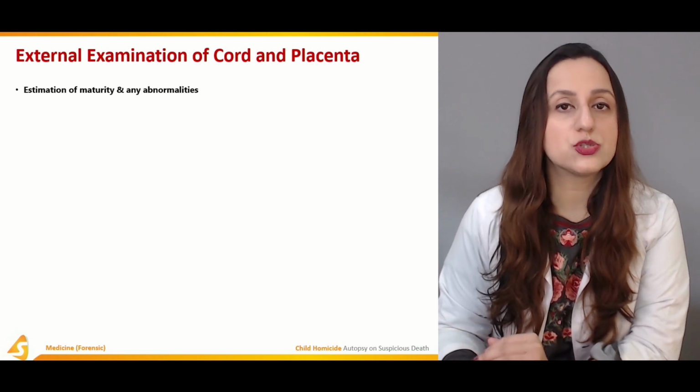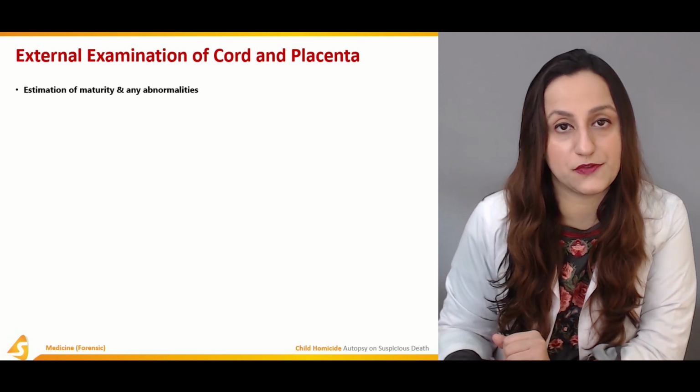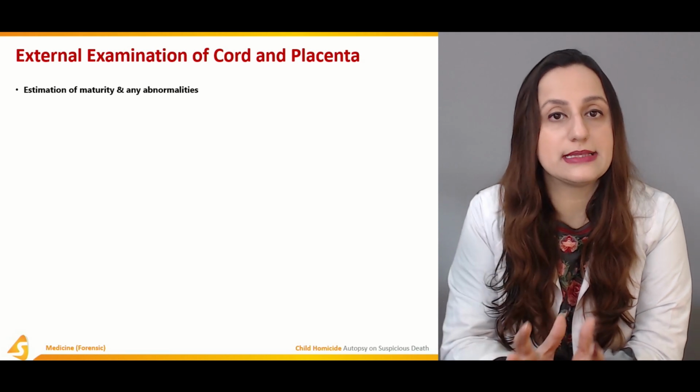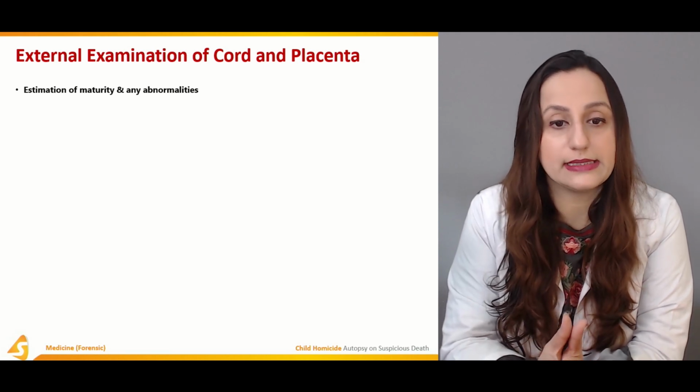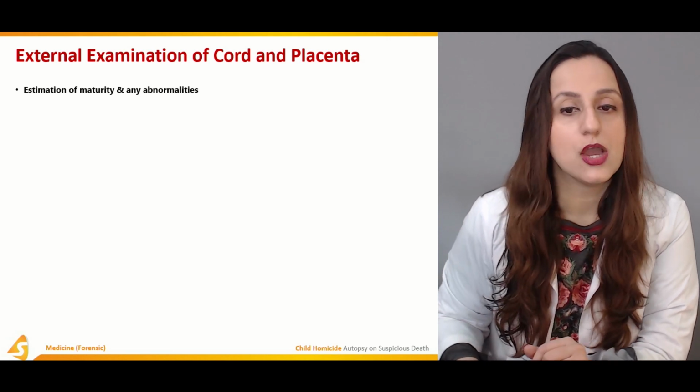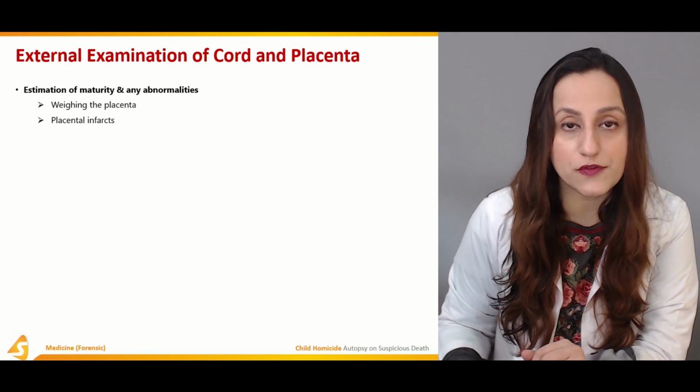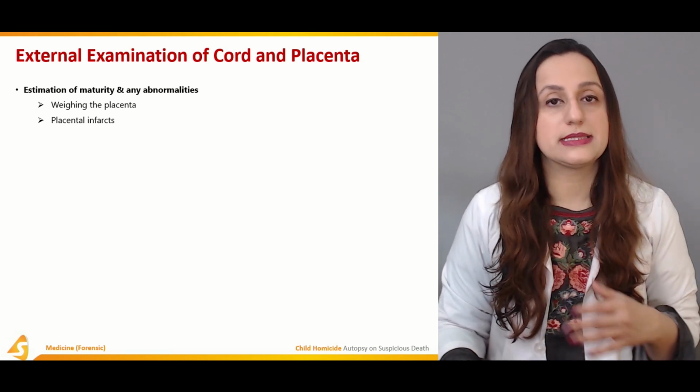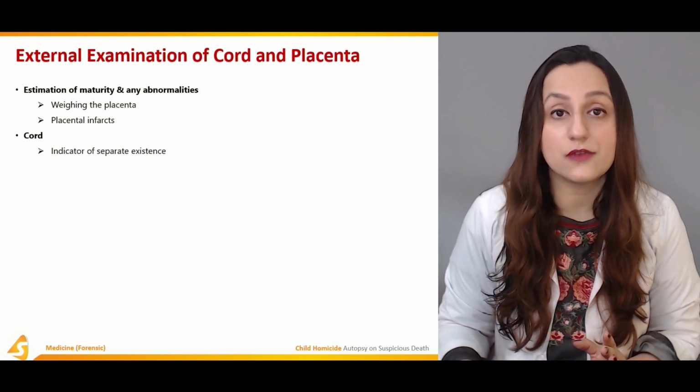Now, if one has to establish the viability of the infant, he or she must examine the cord and the placenta in detail. The estimation of the maturity, and one has to look for any abnormalities in the cord and the placenta as well. The weighing of the placenta is done, and the placenta is carefully examined for any infarcts if they are present over there.